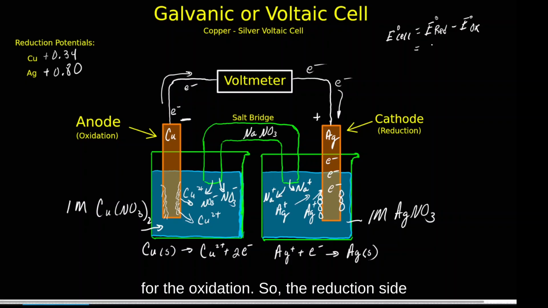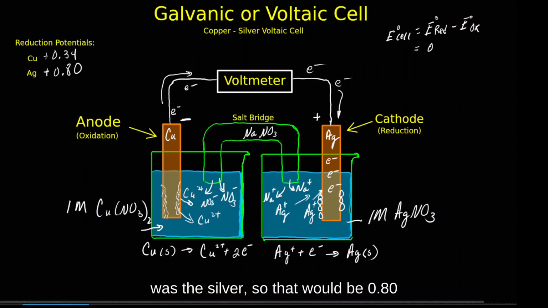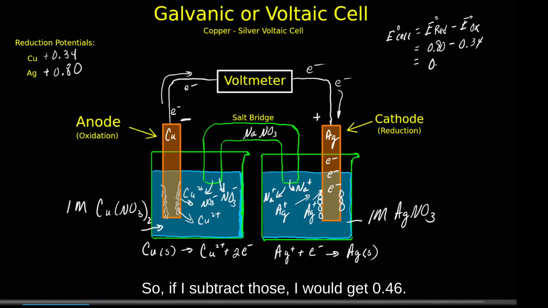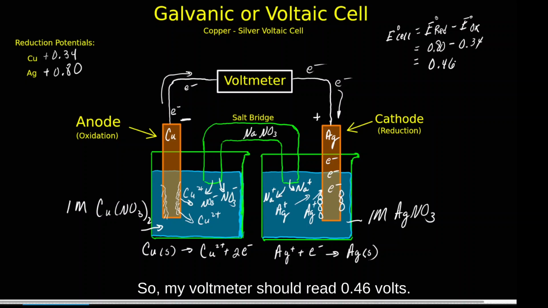So on the reduction side was the silver, so that would be 0.80 minus the oxidation side, which is 0.34. If I subtract those, I would get 0.46. So my voltmeter should read 0.46 volts.